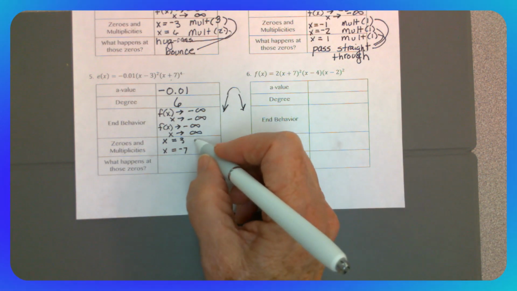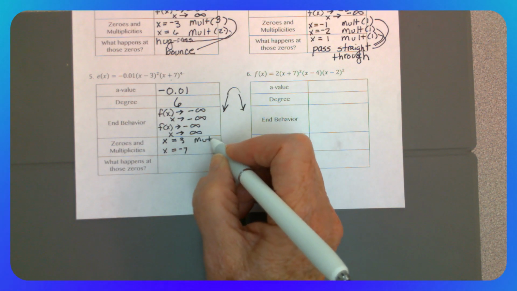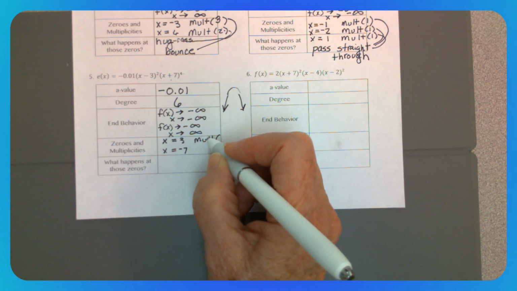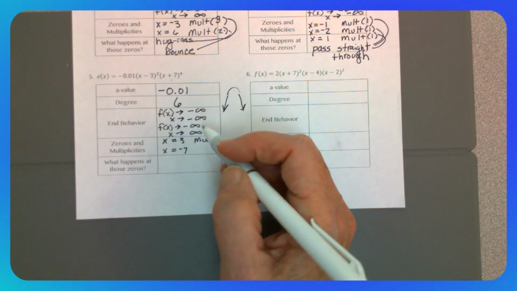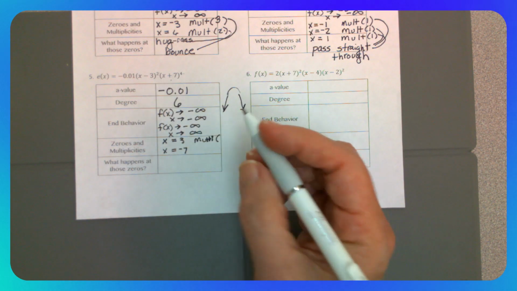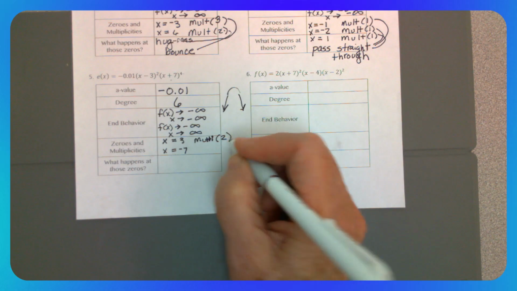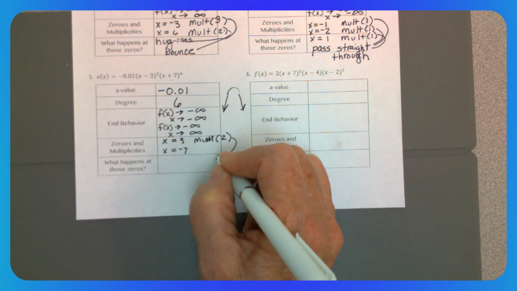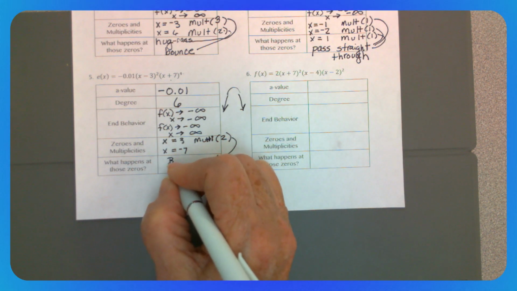Okay, now we want to look at the multiplicities. It will tell us more about the graph. Multiplicity. Okay, so right here at x equals 3 has a multiplicity of 2. So that's going to be, let me draw an arrow, a bounce.